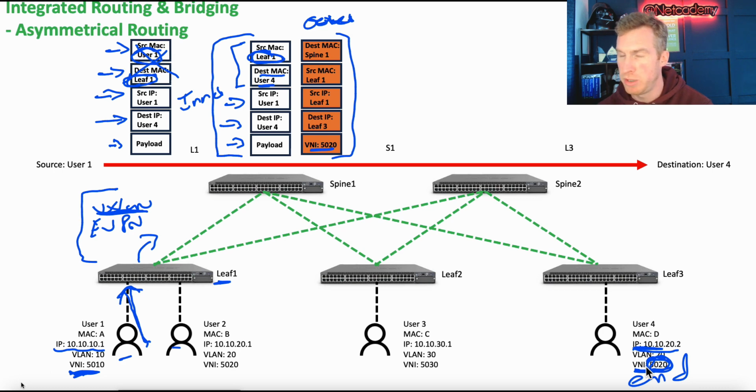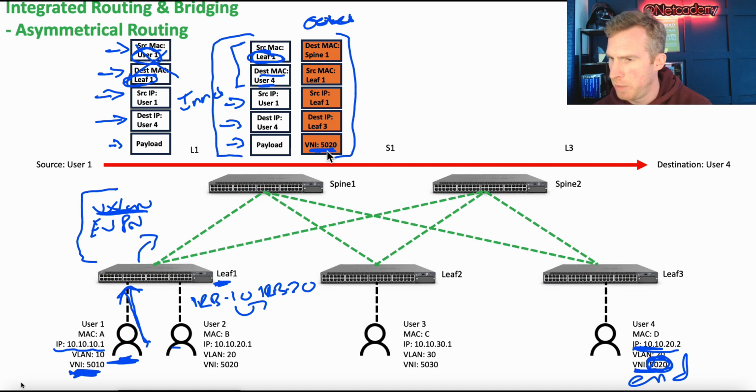Don't forget we routed from VNI 5010 where user 1 actually resides. We routed it on leaf 1 from IRB.10 over to IRB.20, where it did its route lookup and then forwarded that traffic through the VTEP tunnel from IRB.20. So we've got the destination VNI 5020.